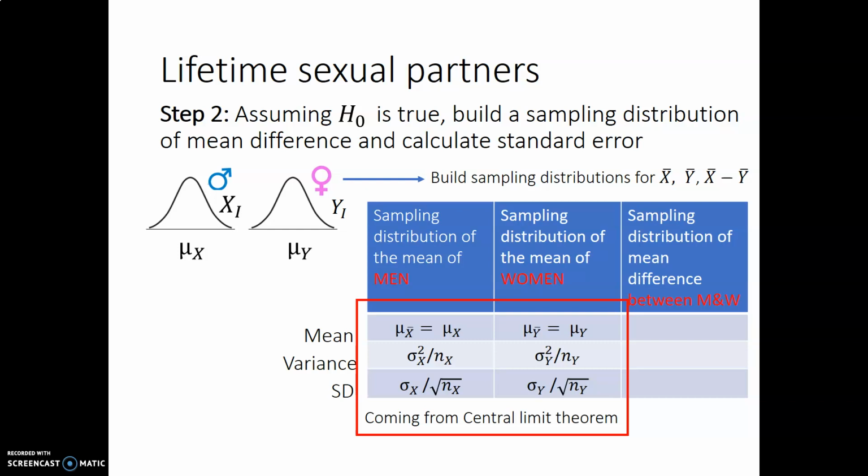So we're gonna plot all these mean differences in a new distribution. And this new distribution, we call it the sampling distribution of the mean difference between men and the women. So this is a simplified interpretation of this sampling distribution, and I hope I made it clear.